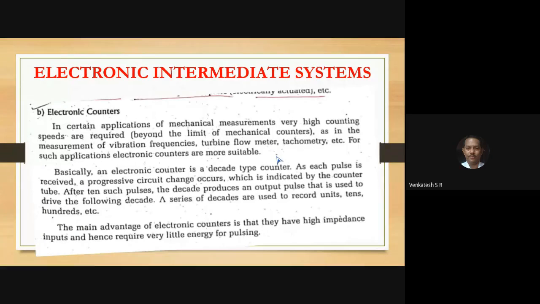If you move inside that counter, that gives the number 1, like that. The electronic counters are also used in measuring the number of persons passing through that area or through the counter. So this is a very good example.